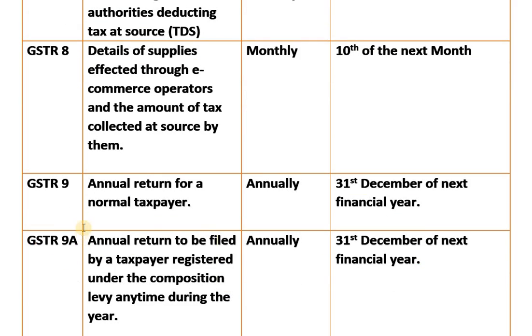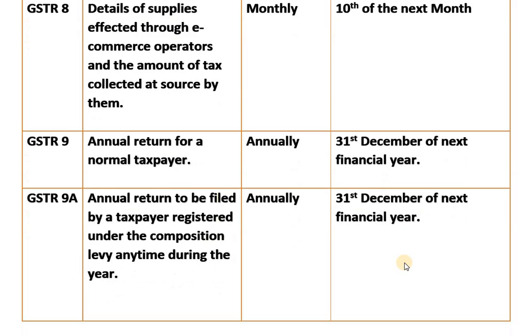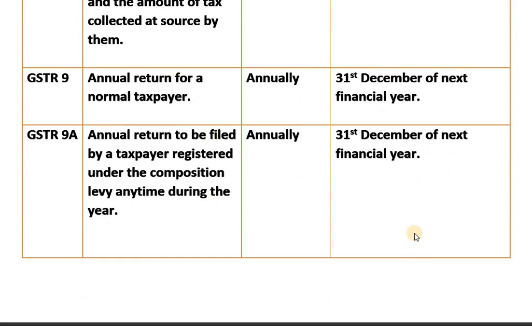Gstr 9A is the annual return to be filed by a taxpayer under composition levy. They have to file annually, and the due date will be 31st of December of the next financial year. Remember, 9A is the annual return filed by taxpayer under the composition scheme.